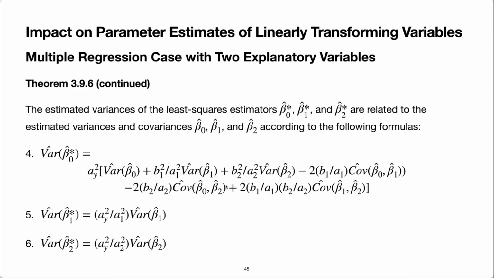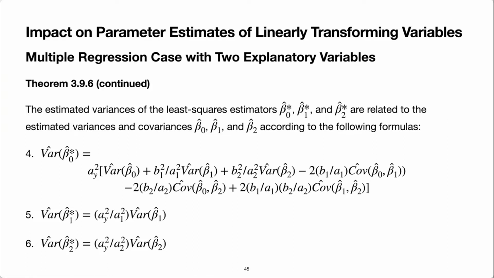All right, and so as long as we have the estimated variances and covariances of the least squares estimators for that original model, we could use this formula to calculate the estimated variance of beta 0 star hat for the linearly transformed variables.